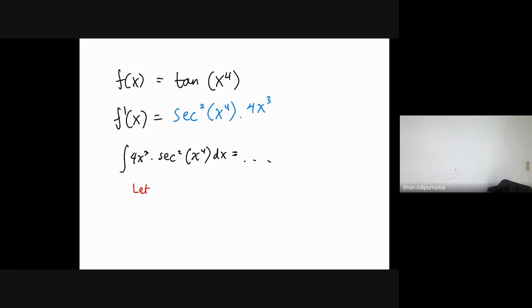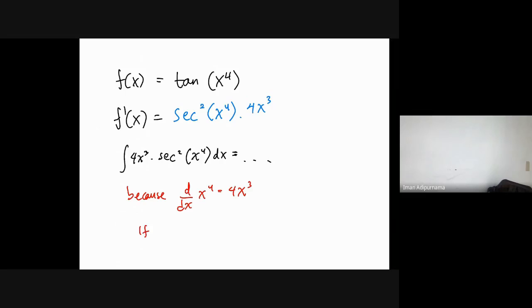Okay, let me write, because d/dx of x to the 4 is 4x cubed, right?